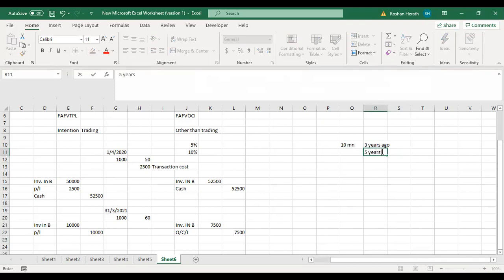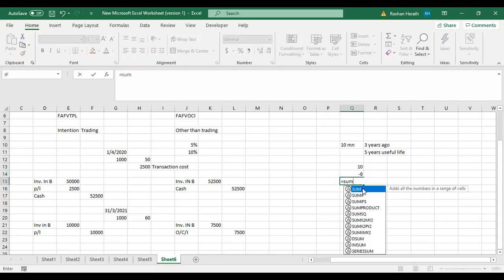Currently, the carrying amount today is 10 million minus the per annum depreciation of 2 million into 3, which is 6 million. Thereby the carrying amount is going to be 4 million.